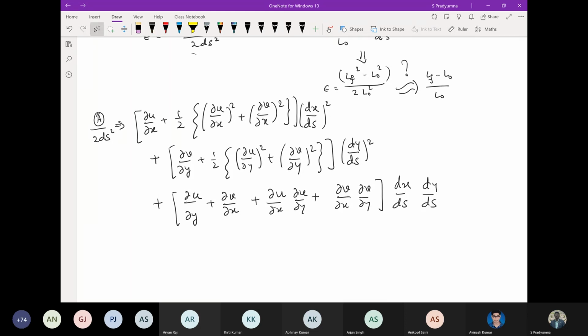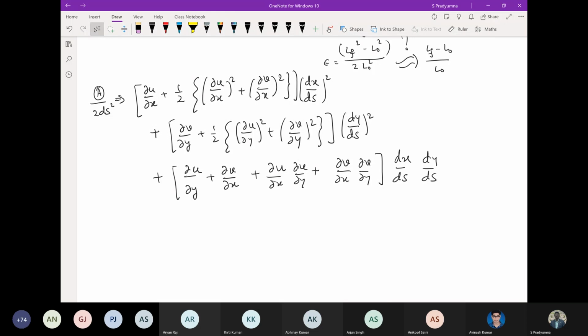Okay, now I can write that dx by ds is equal to L. That is actually equal to cos of the angle between any normal, any axis n, and the x-axis, and dy by ds is equal to m. That is actually equal to cosine of the angle between any directional line and the y-axis.